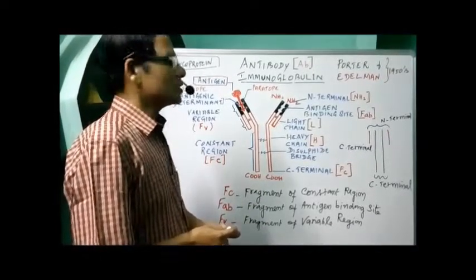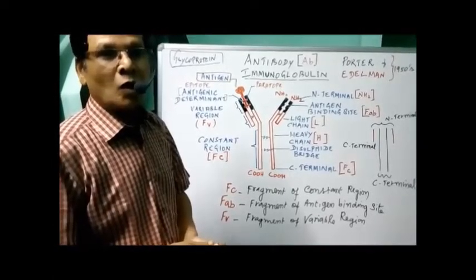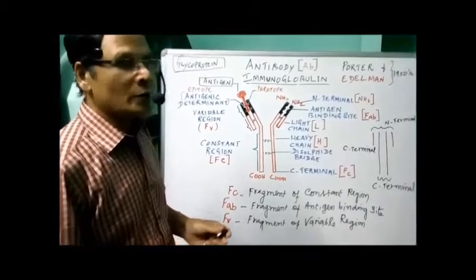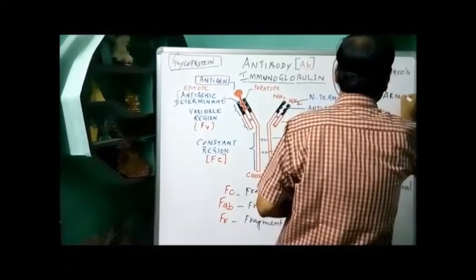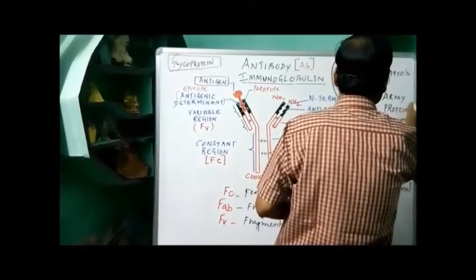Whenever pathogens enter the body, the B lymphocytes produce an army of proteins. So the nickname for antibody is army protein, as it is fighting against the antigens.